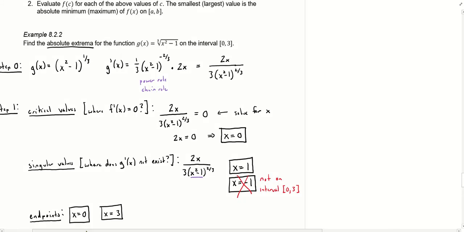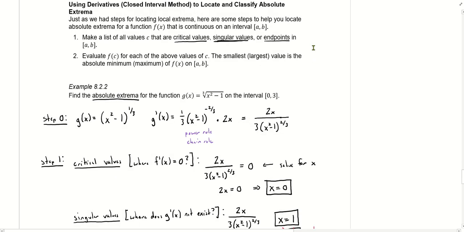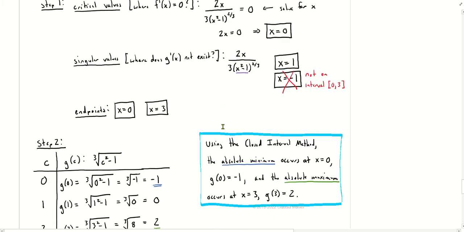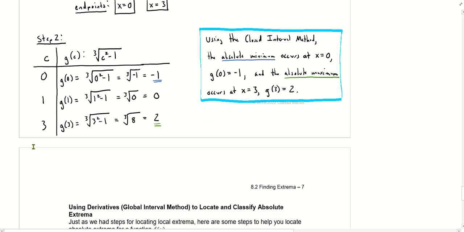We listed the critical values, singular values, and endpoints, and then we made this little table where I said, here are the values of x that I'm checking, here's the function value at those x's, and whichever one gave me the largest function value, that ended up being my absolute or global maximum. And that's what we're going to want to look for here because we're trying to maximize volume.